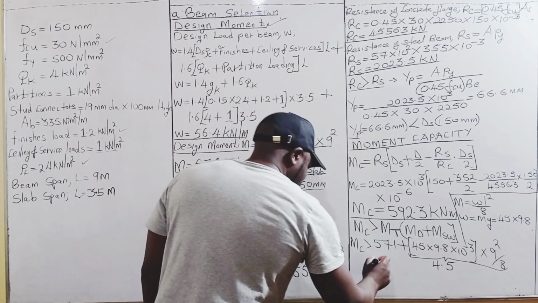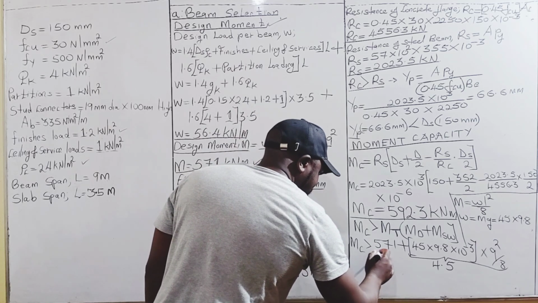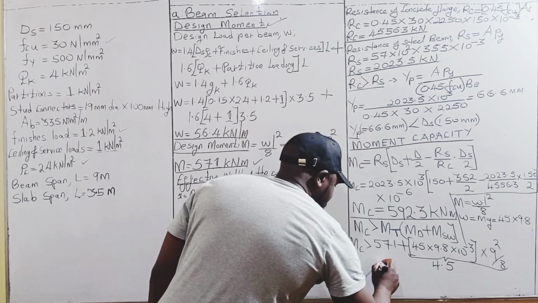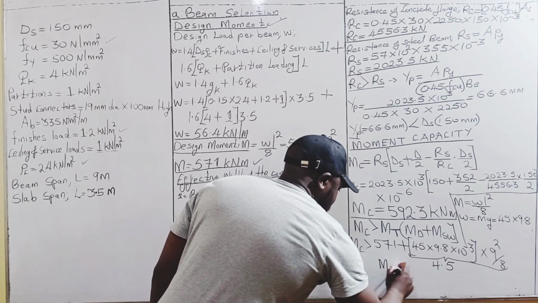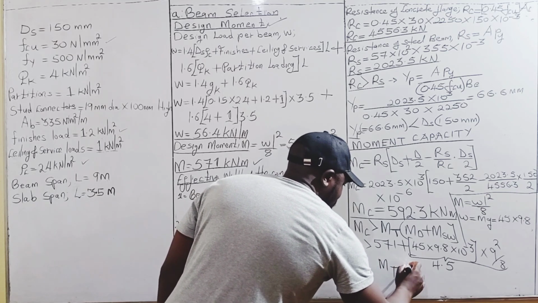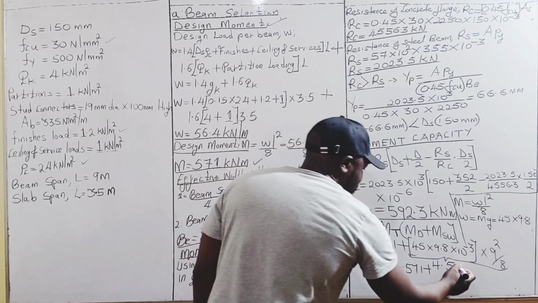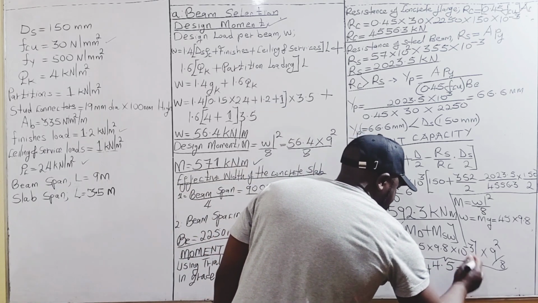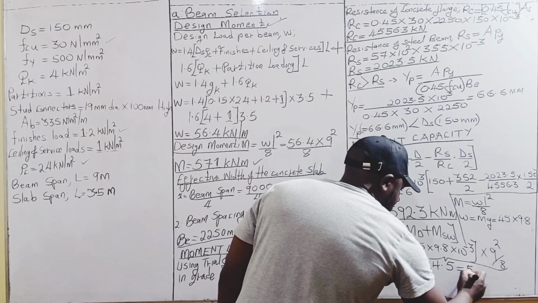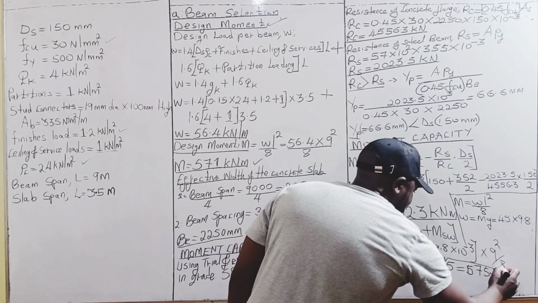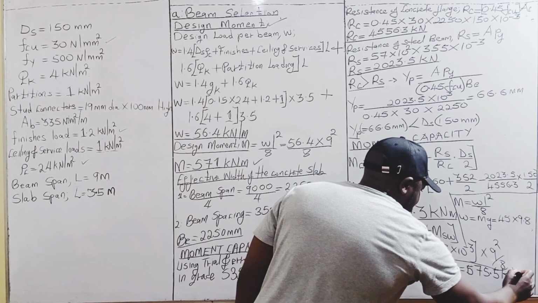And therefore, we are going to have 571 plus 4.5, total moment of 571 plus this 4.5, which is going to give us 575.5 kilonewton meter.